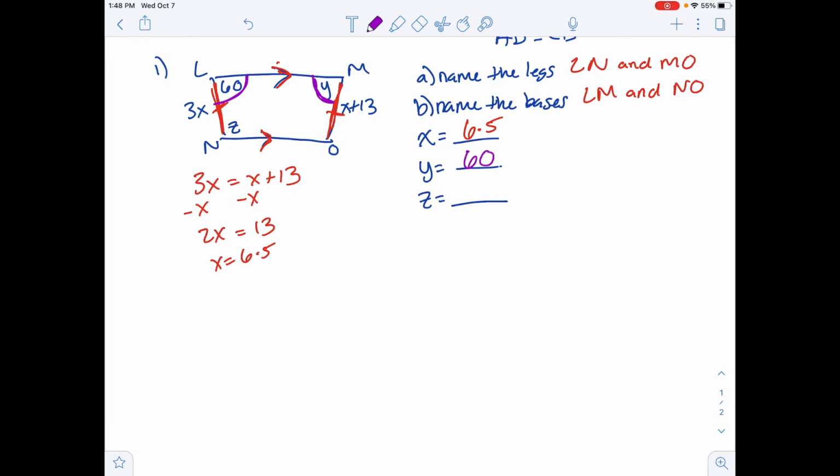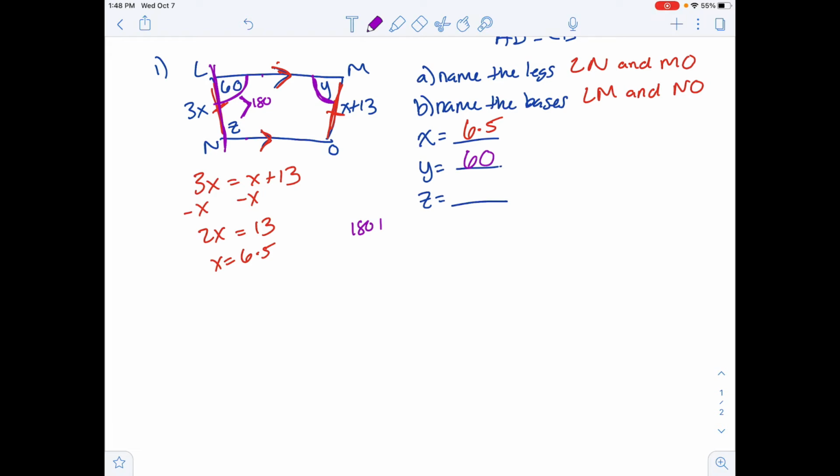Now think parallel lines with me. We've got parallel bases, and then this leg can act like a transversal. So these two, just like our other parallelograms, would be consecutive interior angles, so they add to 180.